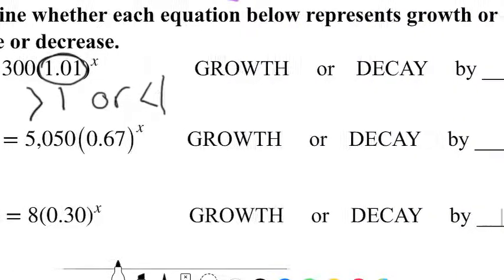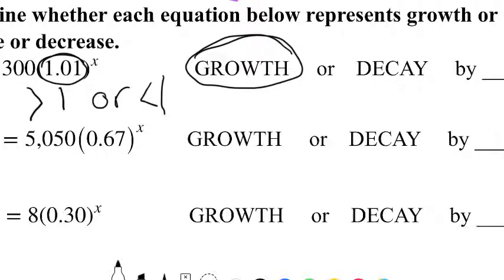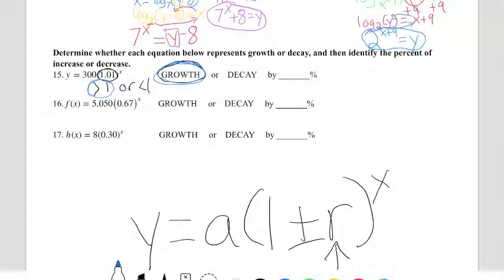It's a little bit bigger. So it is growing. Again, because it was greater than 1, it is growing. So then we have to ask ourselves, in our general equation, we have 1 plus or minus. Well, because we already said it was growth, it is adding.